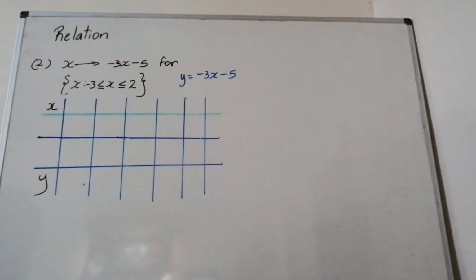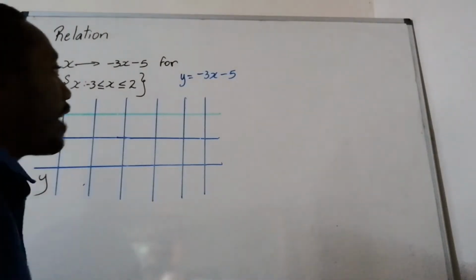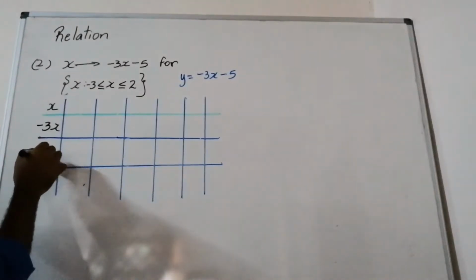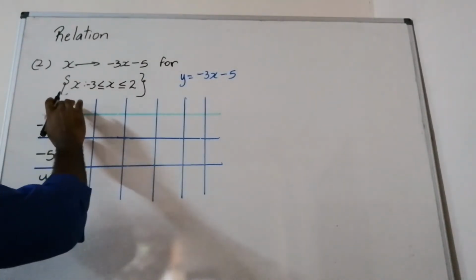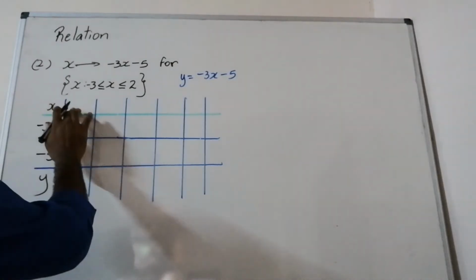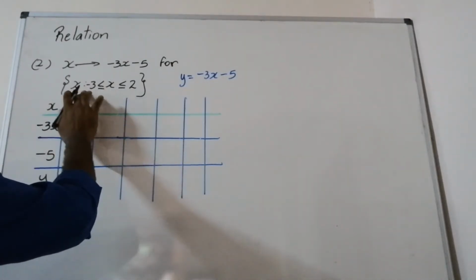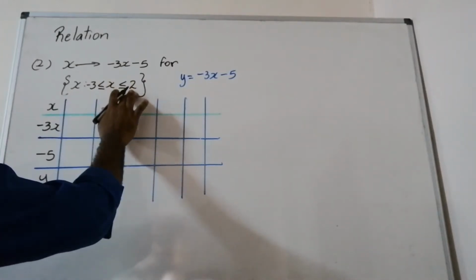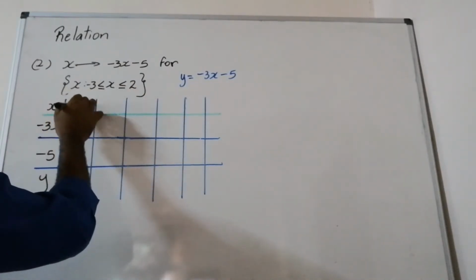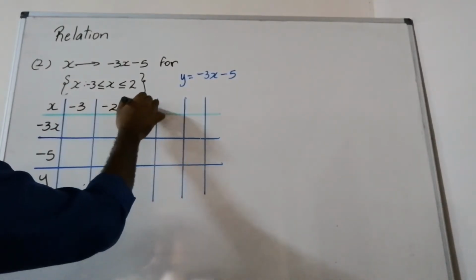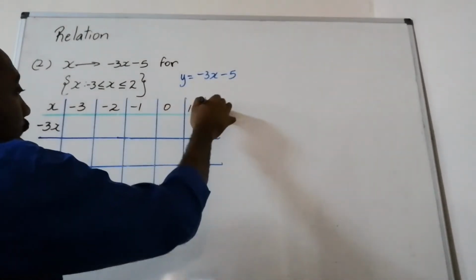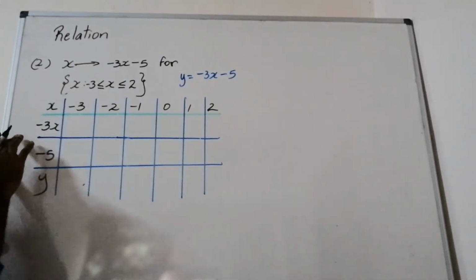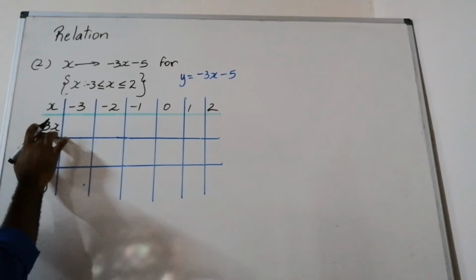So let us set up our table. So we have minus 3x and minus 5. Listing our x values, x takes the values from -3 to +2: -3, -2, -1, 0, 1, and 2. Alright? So our first step, we have -3 times x.